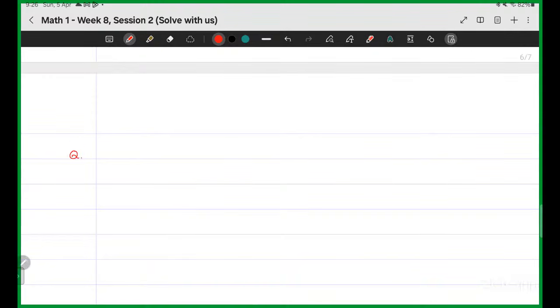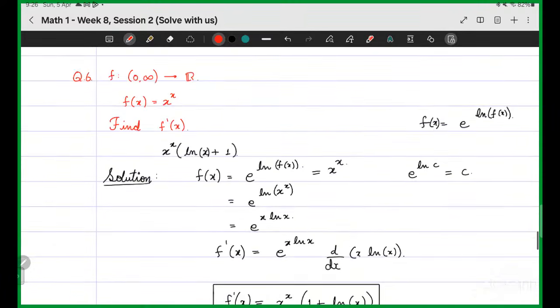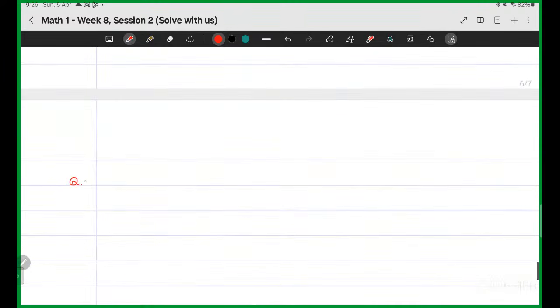This is question number 7. Once again, we have this piecewise defined function.